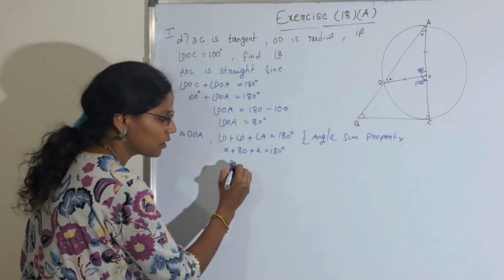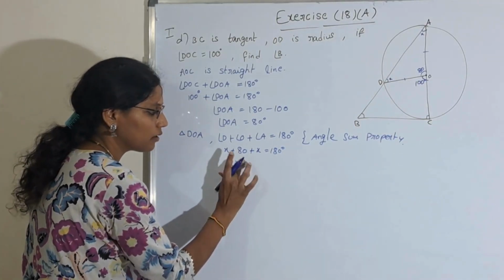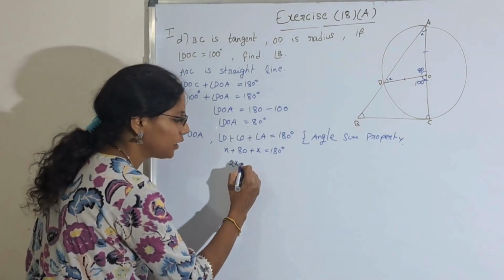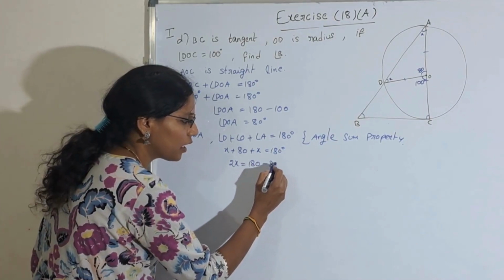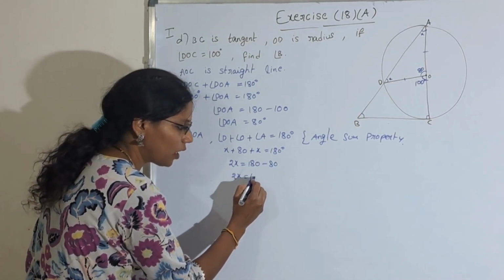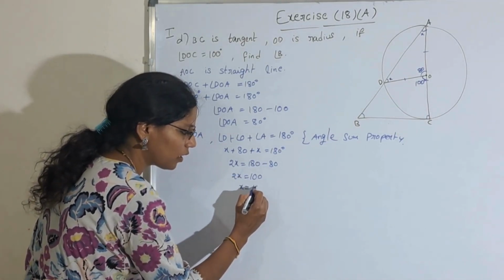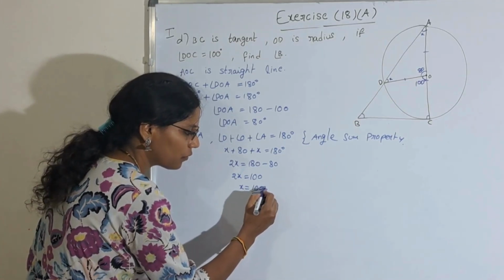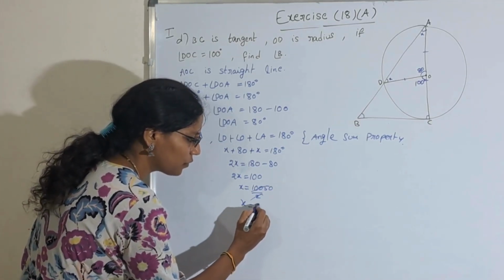Here x plus x is 2x, plus 80 we have to send to the right side, 180 minus 80. 2x is equal to 100 it will come. x is equal to 100 by 2, 50 degrees. Here x is equal to 50 degrees.